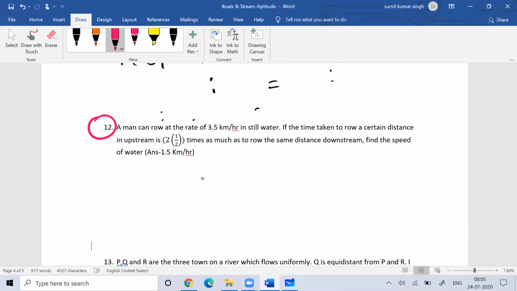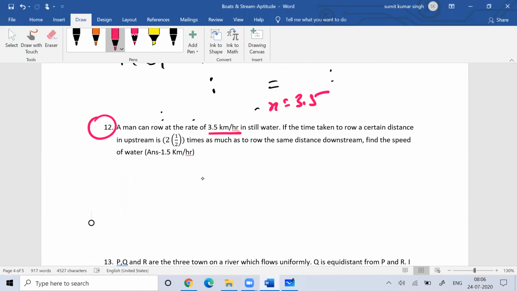Read question number 12, everyone. Try how you will do this question. A man can row at the rate of 3.5 kilometers per hour in still water. x is 3.5.